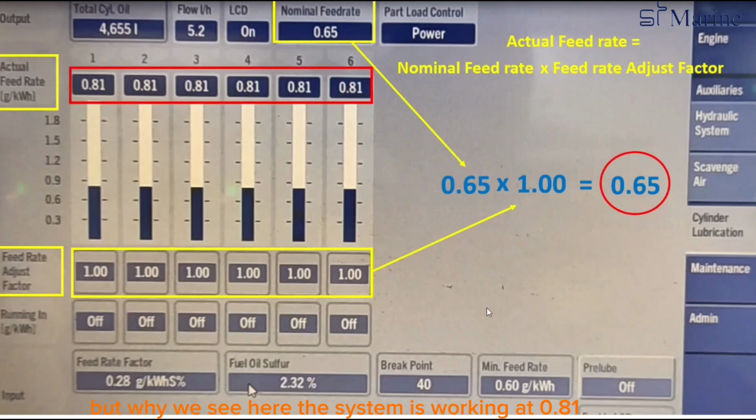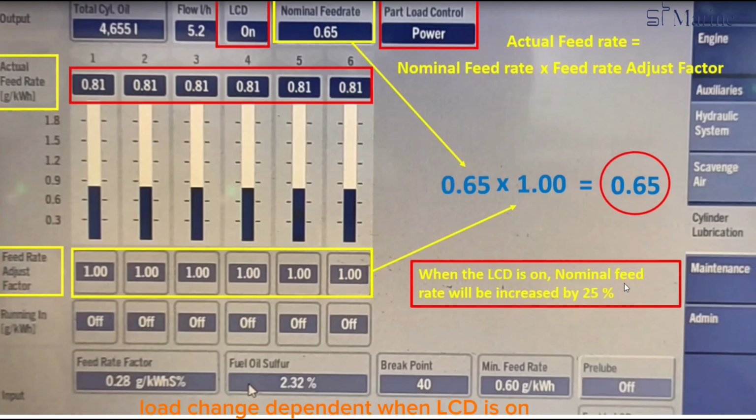But why do we see here that the system is working at 0.81? This is because we also have LCD, load change dependence. When load change dependence is on, the system automatically adds 25% to the actual feed rate. LCD will be on or off automatically if you select enable.